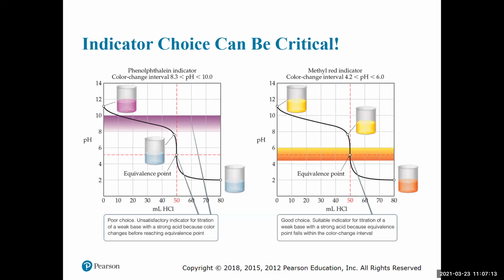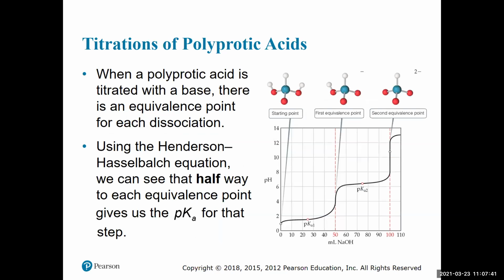One of the problems with that is if you don't know where the equivalence point is, it seems kind of funny, doesn't it? You got to know the equivalence point before you do the titration for the equivalence point. So obviously it would have to be something where it's not the first time you've done it, that you know what it is, and now you have a bunch of samples to do, and that's how you pick your indicator.